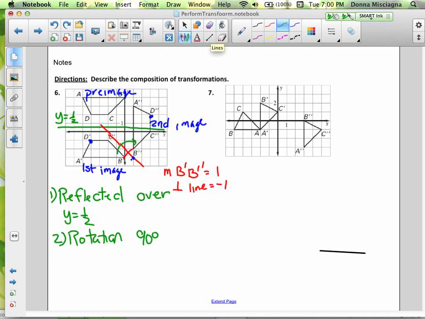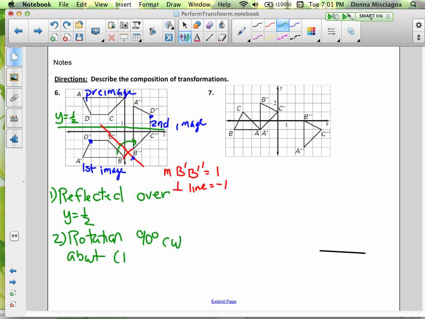So B prime is going to B double prime there, and so we're rotating clockwise, going with the clock. So rotation 90 degrees clockwise, and this was about that point there, which is 1, negative 3.